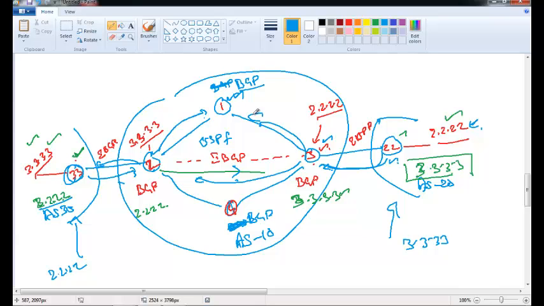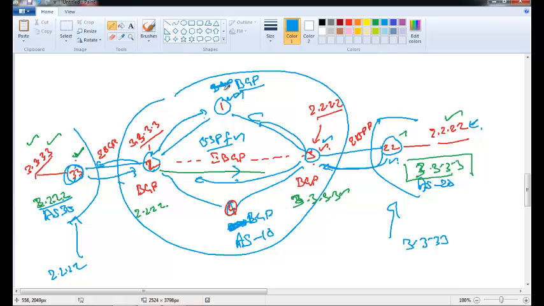Yes. This OSPF is not going to really distribute the routes for 222 and 333. It is BGP, so you need BGP. OSPF has no idea about 22222 and 33333. If you want 22222 and 33333, because you are learning from BGP, you need to have BGP on all the routers.